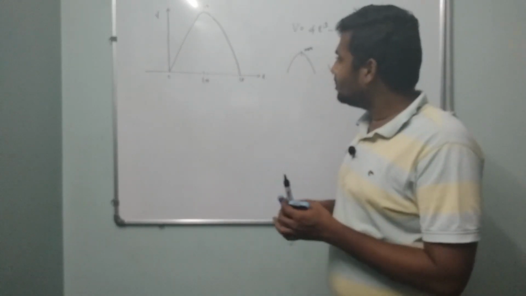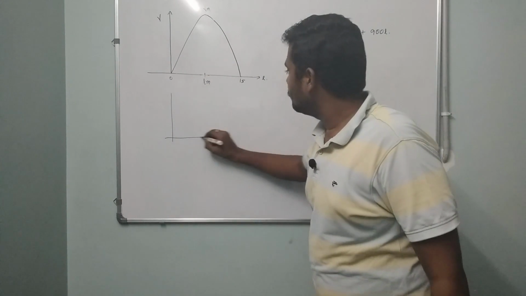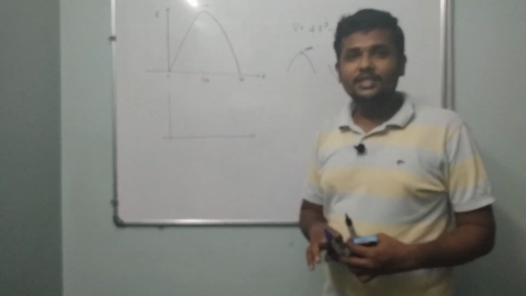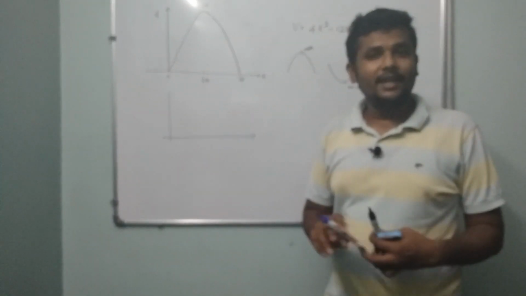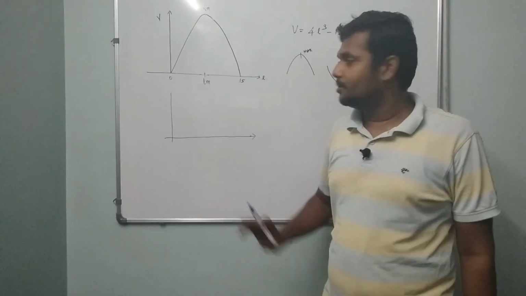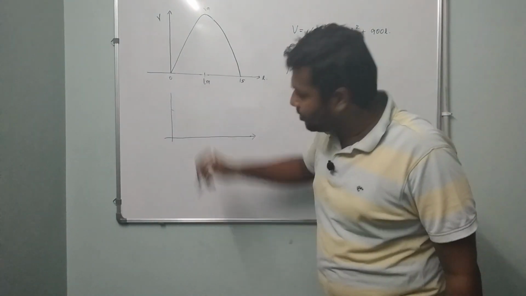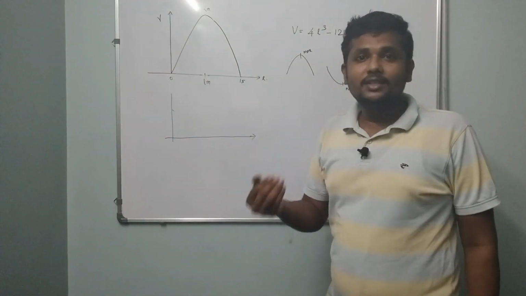So if you plot the speed of the ball, initially you will be throwing the ball with the full force, right? So at that time your speed is going to be maximum.